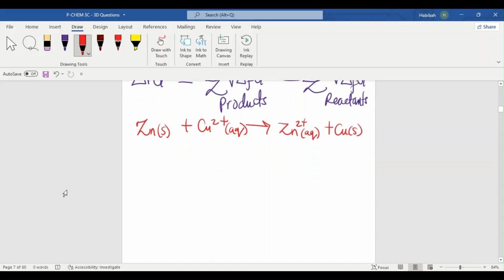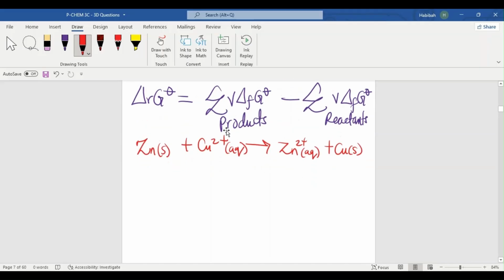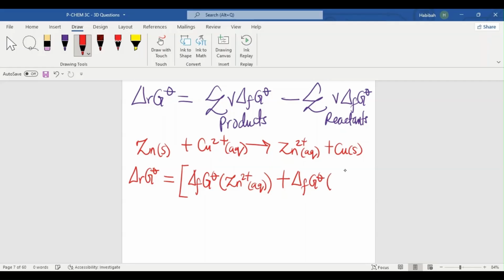So we have this now. I'm going to be organizing this particular reaction based on the general formula I just taught you. The Gibbs energy of reaction is going to be focusing on the products first. So you have the Gibbs energy of formation for the products: the first product, which is Zn2+ aqueous, plus, don't forget we have a summation, the Gibbs energy of formation for the second product, which is Cu solid.